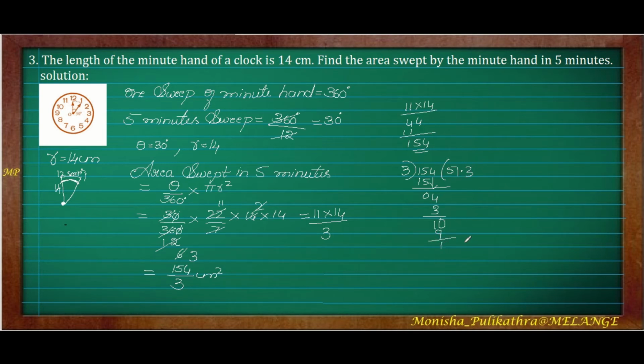Again it goes on continuing like that, a recurring decimal will come. So the area swept in 5 minutes is equal to 51.3 or 154 divided by 3 centimeter square. So I hope you understood this.